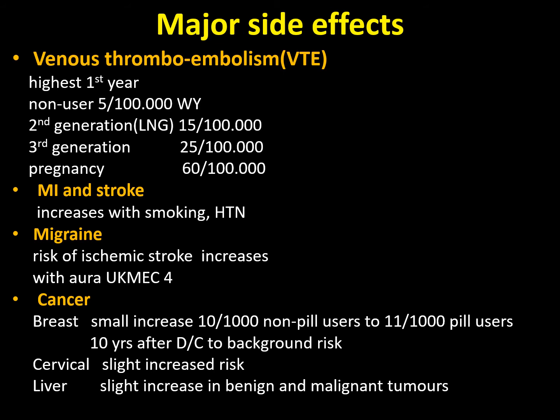Before the age of 35, if there is migraine without aura, then combined hormonal contraception is relatively contraindicated. After the age of 35, migraine with or without aura is a contraindication for the use of combined hormonal contraception.